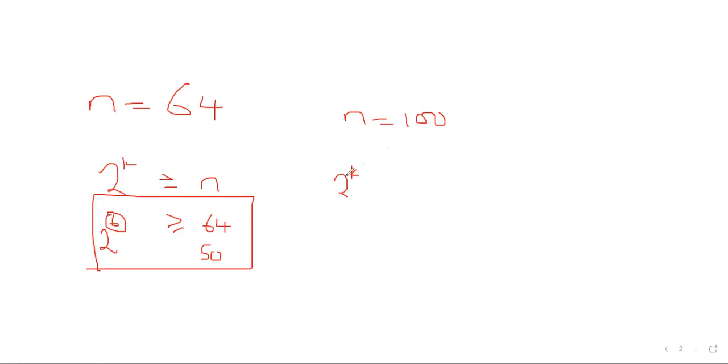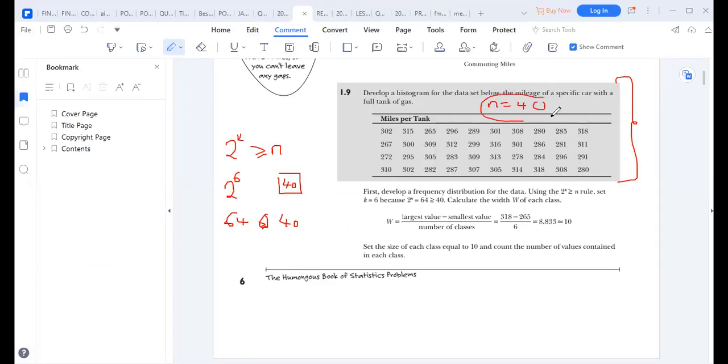If we put a 7, we're going to get 128. 128 is appropriate for 100 data sets because it's the first value that exceeds 100. I hope you're following. So in our case here, our sample size is 40. We get the number that first exceeds 40. So 2 to the power 6 is 64. So 6 is most appropriate.